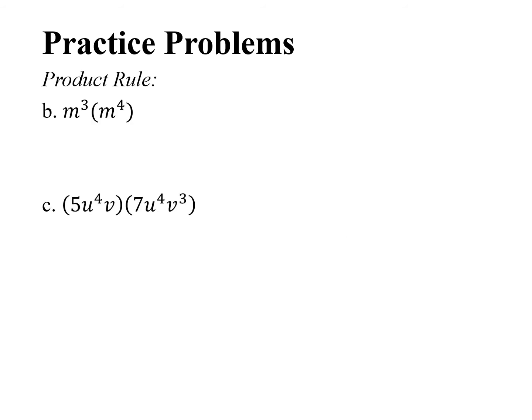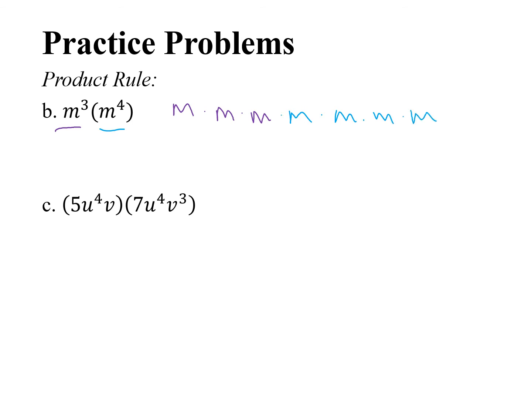So now let's practice with our different rules here. The first one, the idea of the product rule, well, let's write this out in expanded form. I see m to the power of 3 and m to the power of 4 multiplied by each other. Well, m to the power of 3 is really m times m times m. M to the power of 4 tells me m times m times m times m. I put multiplication between the two.